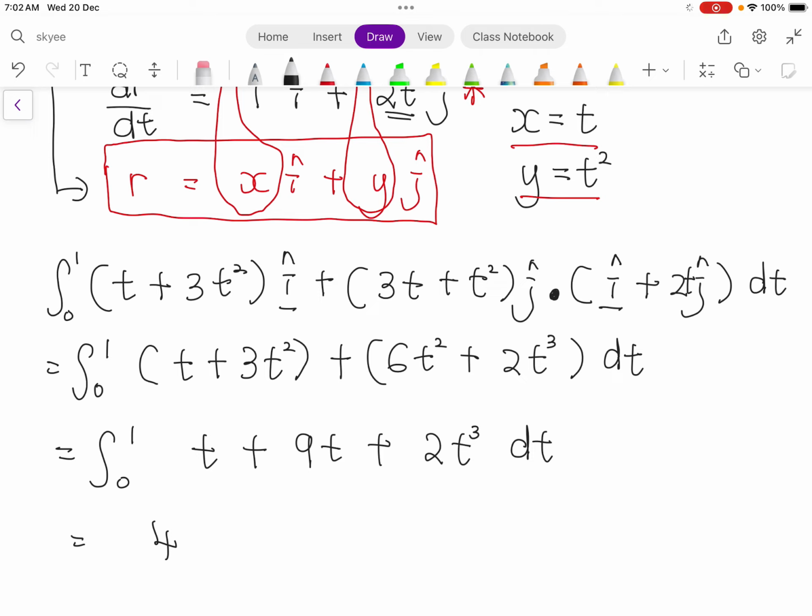So this is how you perform the line integral of a vector field. Class, when you perform the line integral of a vector field, you are actually finding the work done.